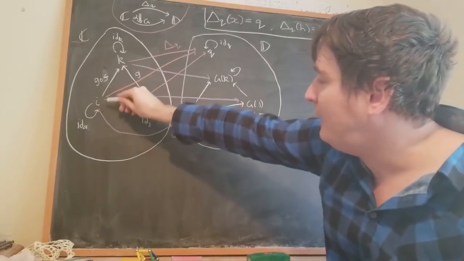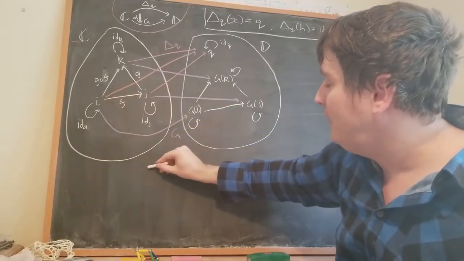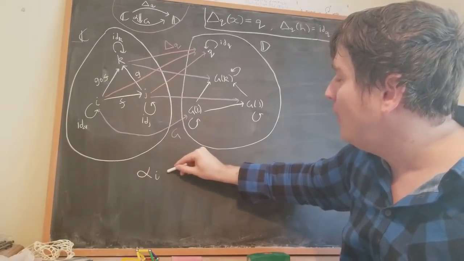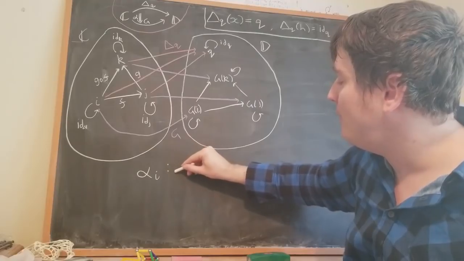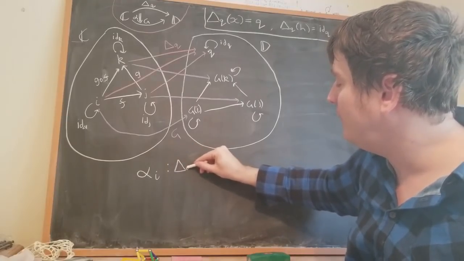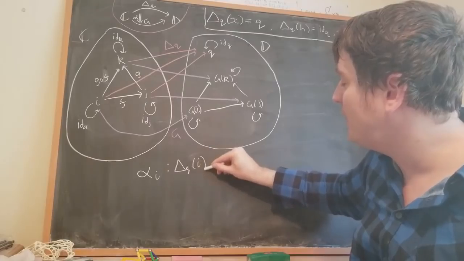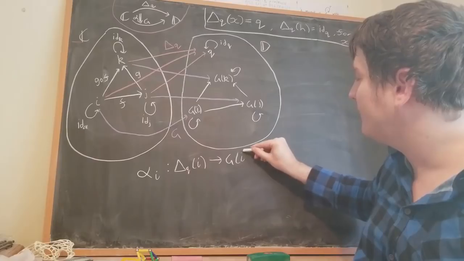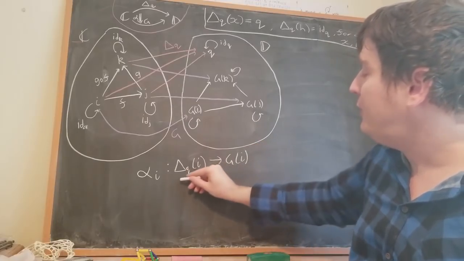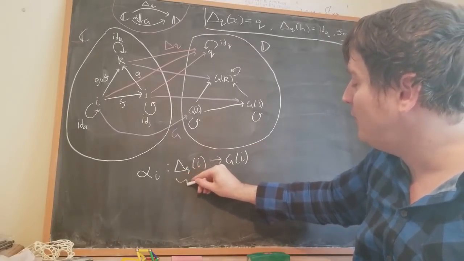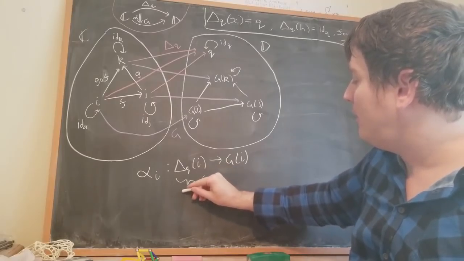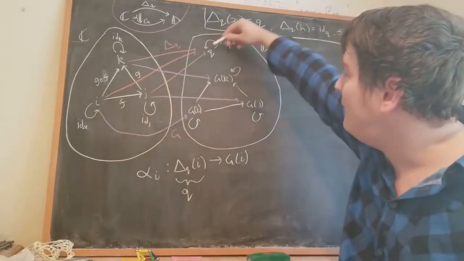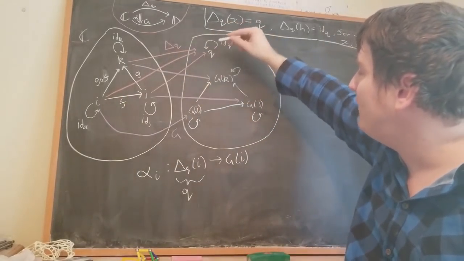For every object I in C, this natural transformation is going to have an ith component, which is going to go from delta Q of I into G of I. And what's delta Q of I? Well, this is just going to be equal to Q, simply. So for every object I, we're going to have an arrow from Q into G of I.